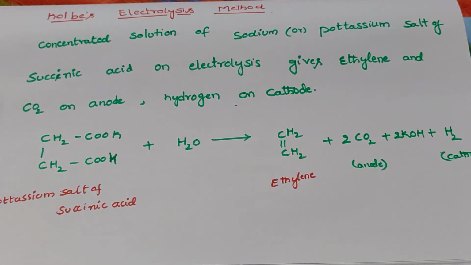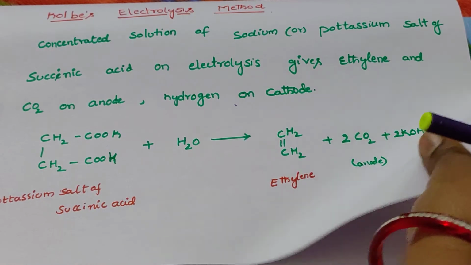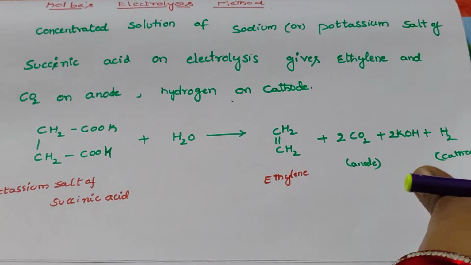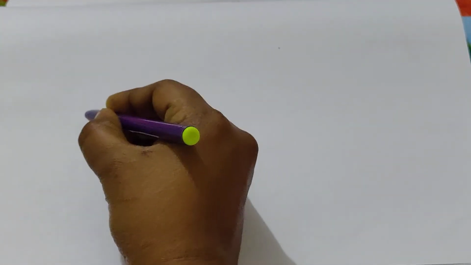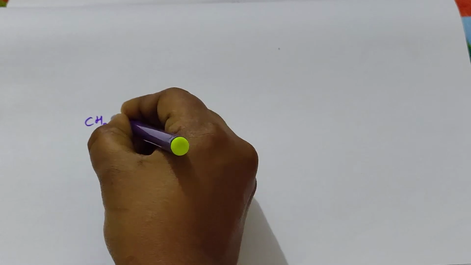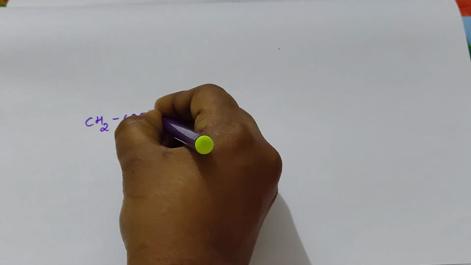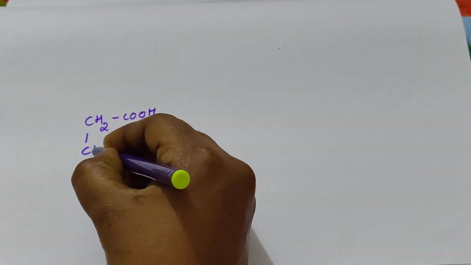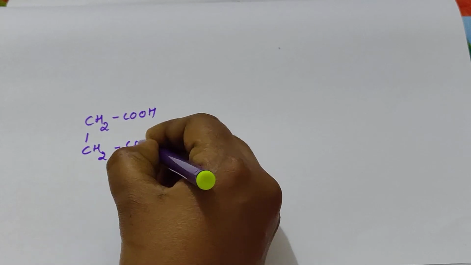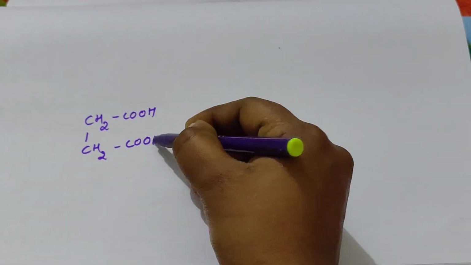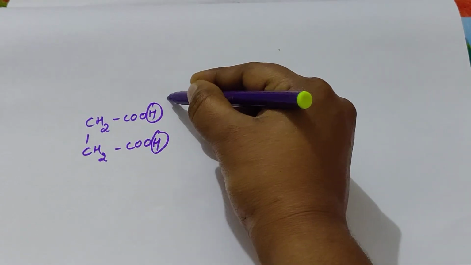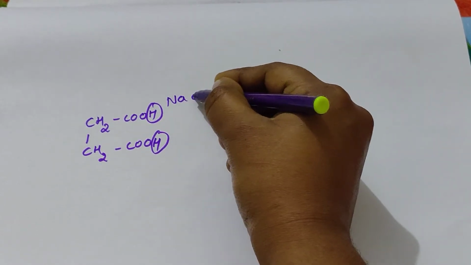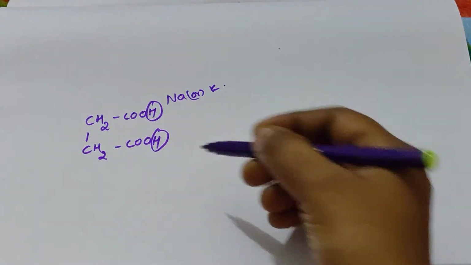What is succinic acid? The formula of succinic acid is CH2COOH, CH2COOH. We remove hydrogens and replace them with sodium or potassium atoms.